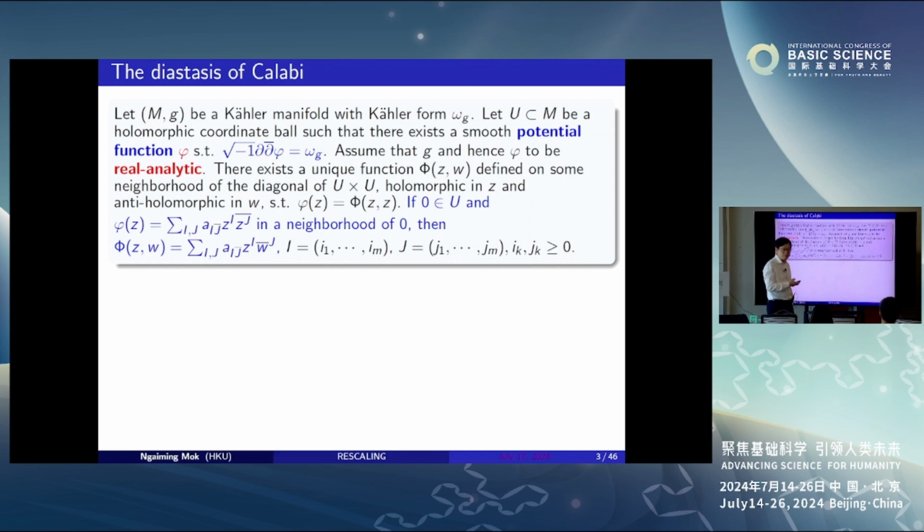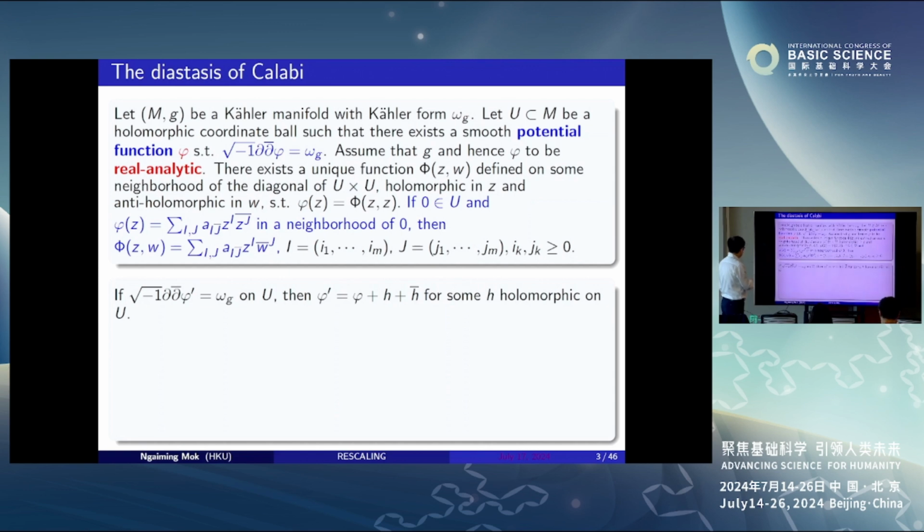When you have a function that's real analytic, you can introduce an auxiliary holomorphic variable or set of variables, which is the W here. And so the function small phi of z is simply big phi of z, z-bar. So the function big phi is then holomorphic in z and anti-holomorphic in W, like the Bergman kernel.